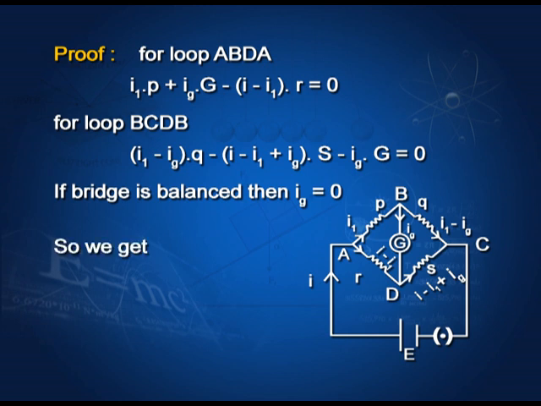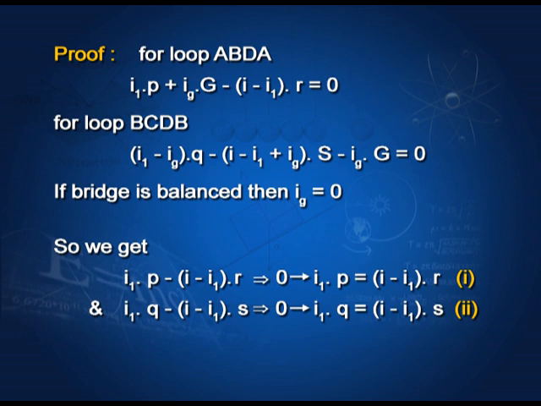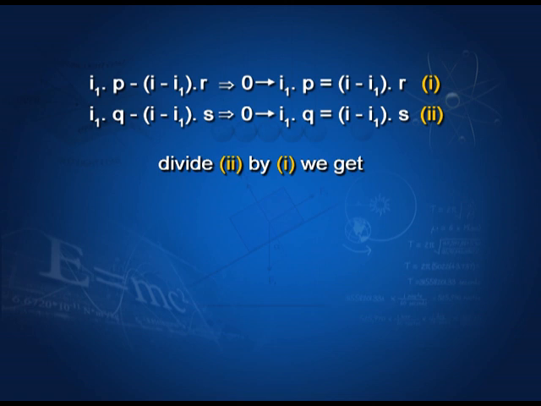So, we get I1 into P minus (I minus I1) into R equals 0. That means I1 into P equals (I minus I1) into R, equation number 1, and I1 into Q equals (I minus I1) into S, equation number 2. Divide equation 1 by equation 2, we get P upon Q equals R upon S.